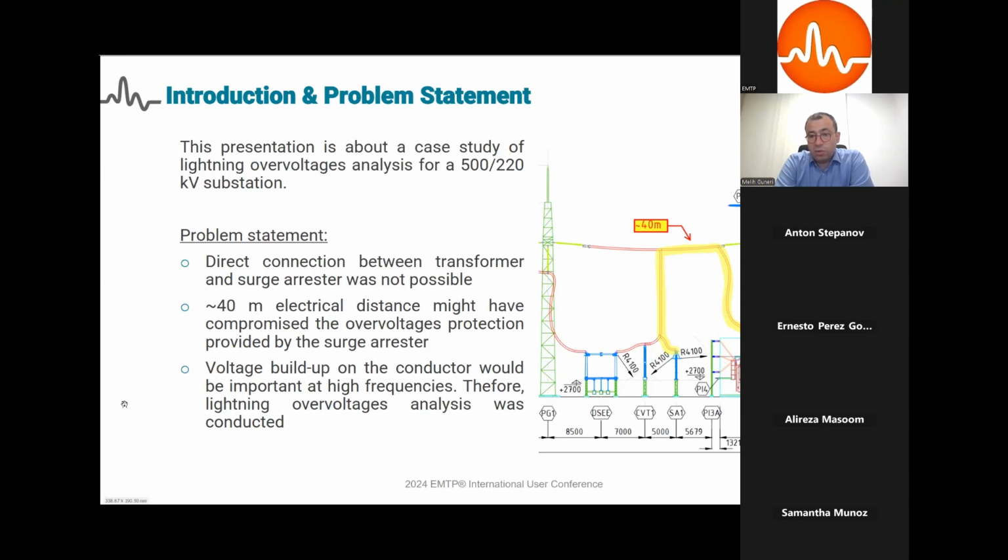But for lightning overvoltage analysis, due to its high frequency content, the voltage buildup on the conductor in between the surge arrestor and auto transformer bushing may be important and affect the insulation parameters of the system. Therefore, we decided to check if the placement was adequate, considering the lightning overvoltages. So this analysis was limited to lightning overvoltages only.